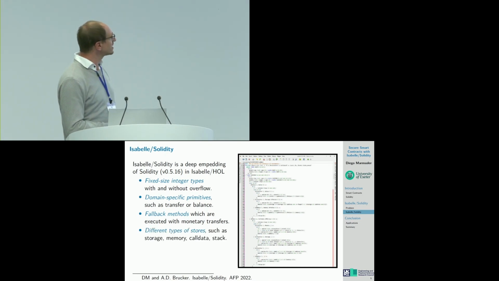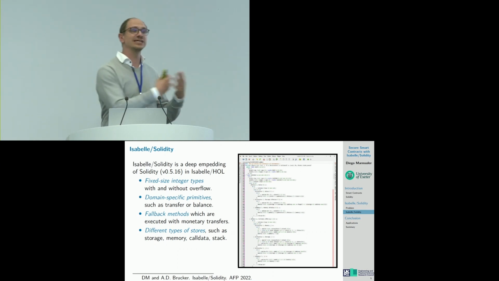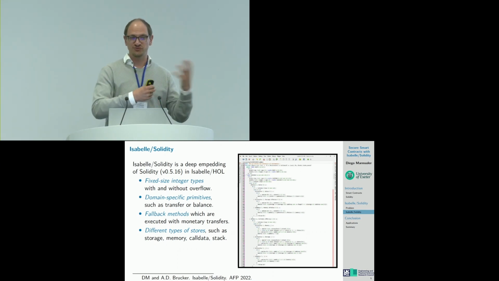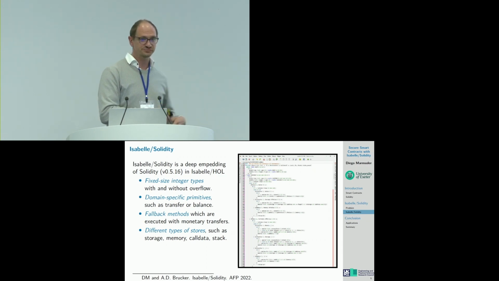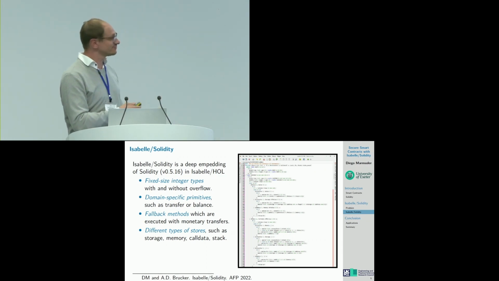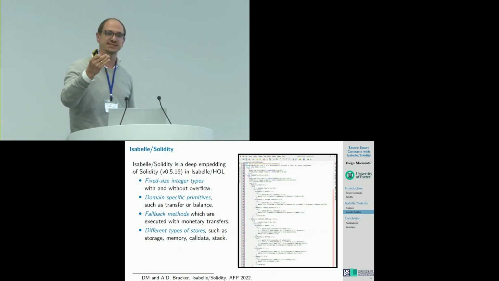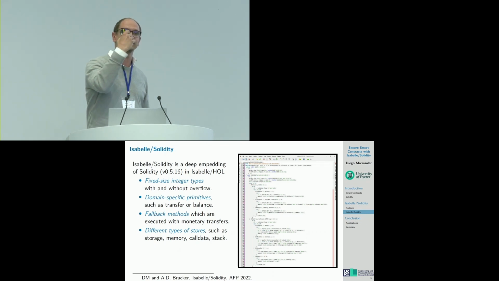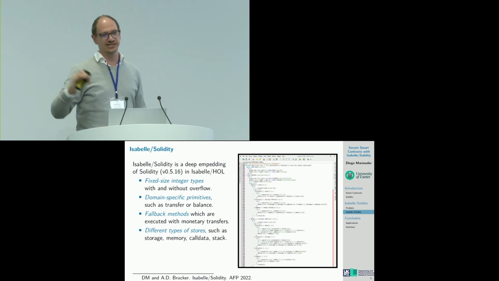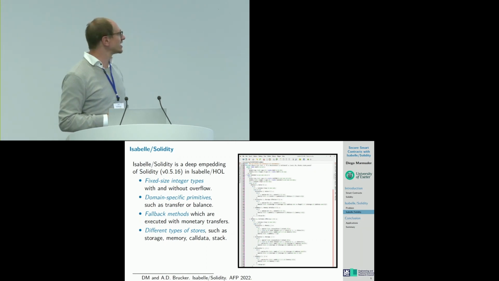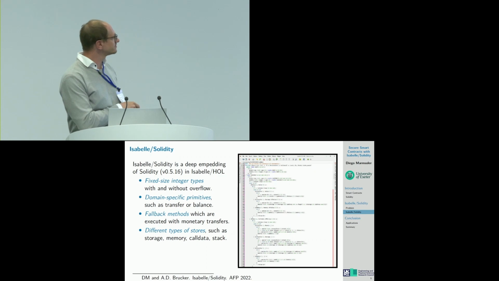And also a characteristic feature of Solidity is that a Solidity program has access to four different types of stores. And to make it worse, the semantics of certain statements depends on the store in which the data is located, which makes it quite a challenge from the viewpoint of verification.